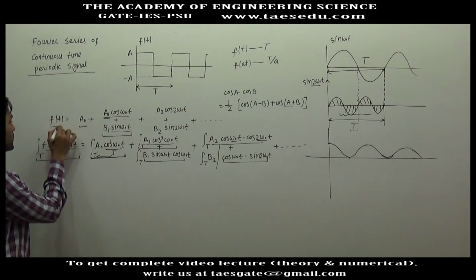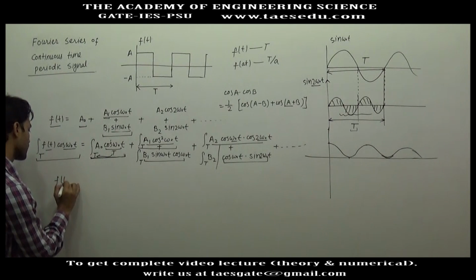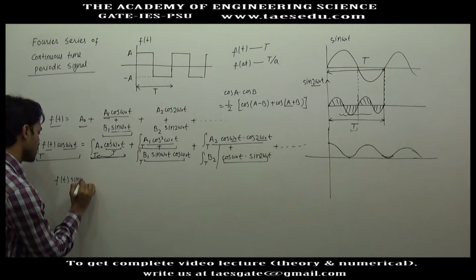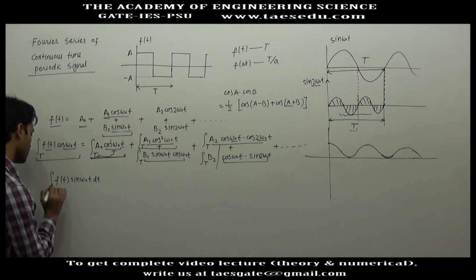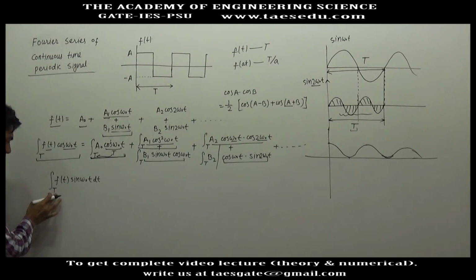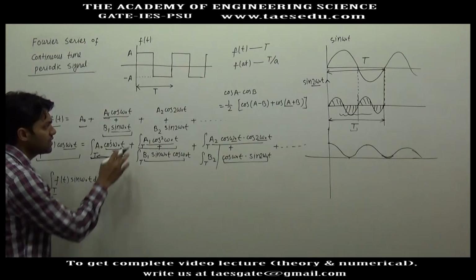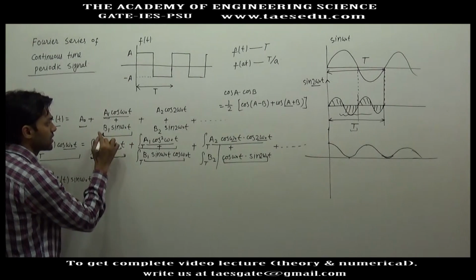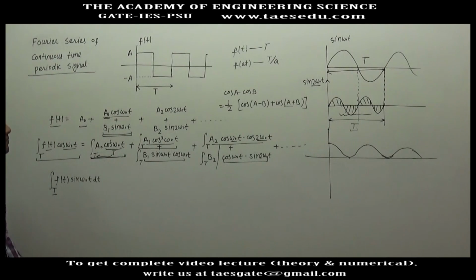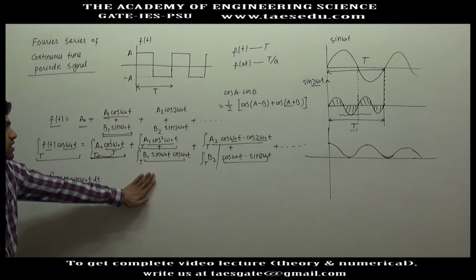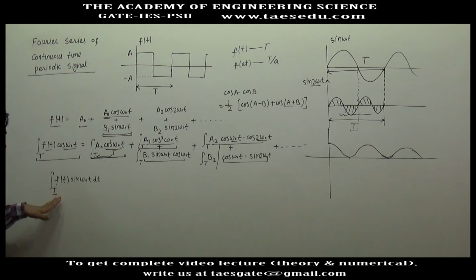So in the left hand side what you will get is f(t) sin omega naught t dt integration for a duration of T. This is important. We have to keep the duration of integration T. This way only we will get the integration of this term which will not be equal to 0, and integration of all other terms will be 0.